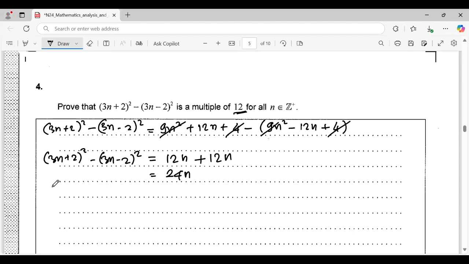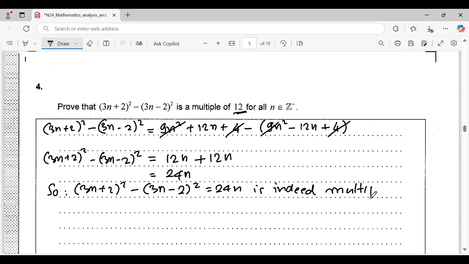So the conclusion is that (3n plus 2) squared minus (3n minus 2) squared equals 24n, and is indeed a multiple of 12 for all n.